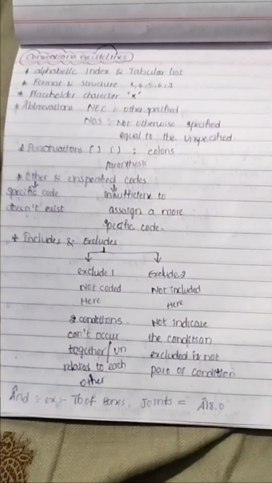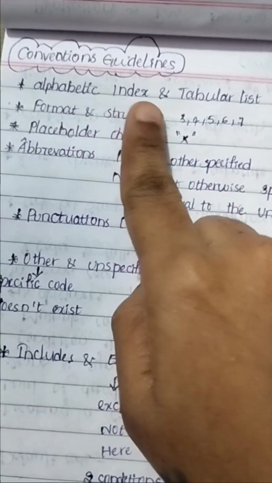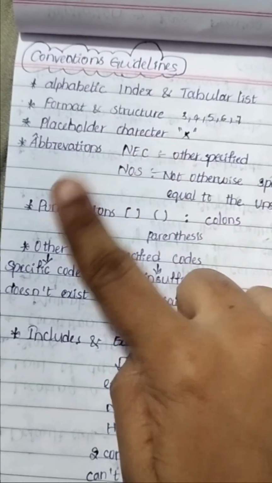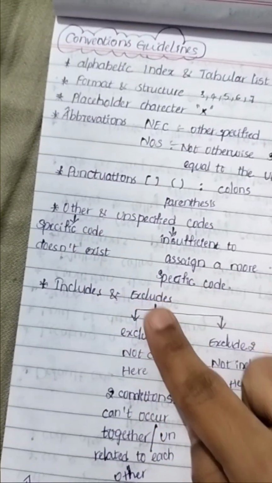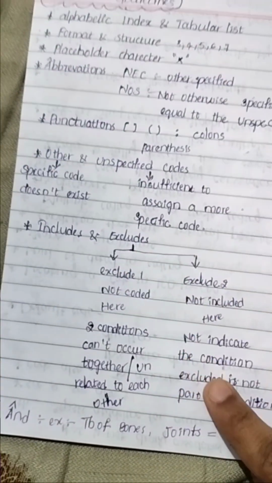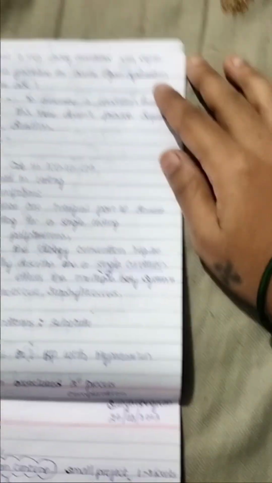In Excludes 1, the two conditions cannot occur together, and they are unrelated to each other. In this Excludes 1, do you understand me?